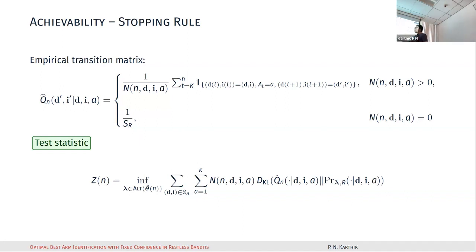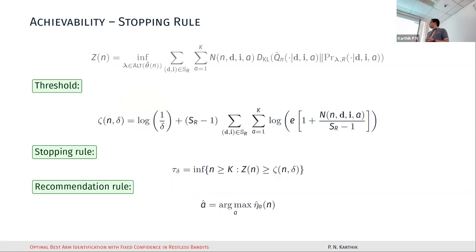This is actually the GLLR test statistic, generalized likelihood ratio test statistic in the IID setting. This is the analog of that in the Markovian setting. You design a threshold. Remember, I told you that the threshold will have the delta in it. So the delta is the error probability delta which is given to us. You update the Zn and the zeta of n comma delta at the same time for every n. Delta is fixed. You just keep updating it at every n.